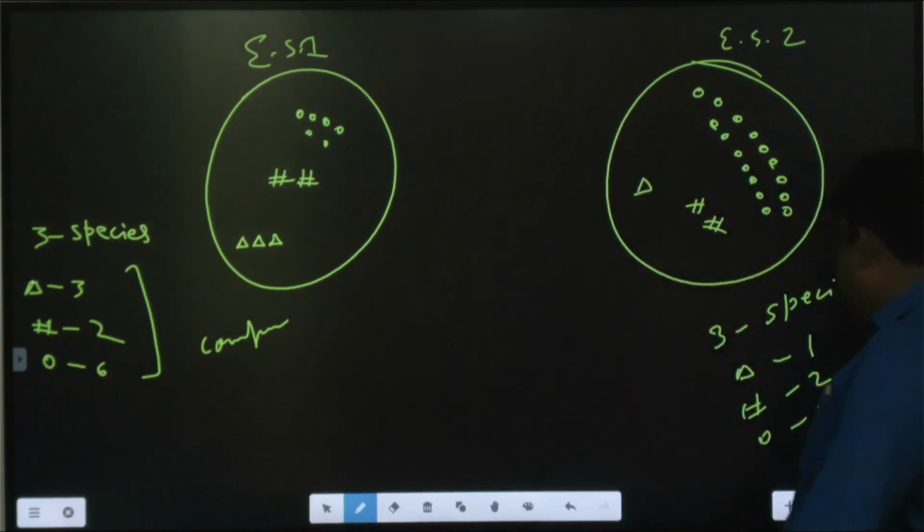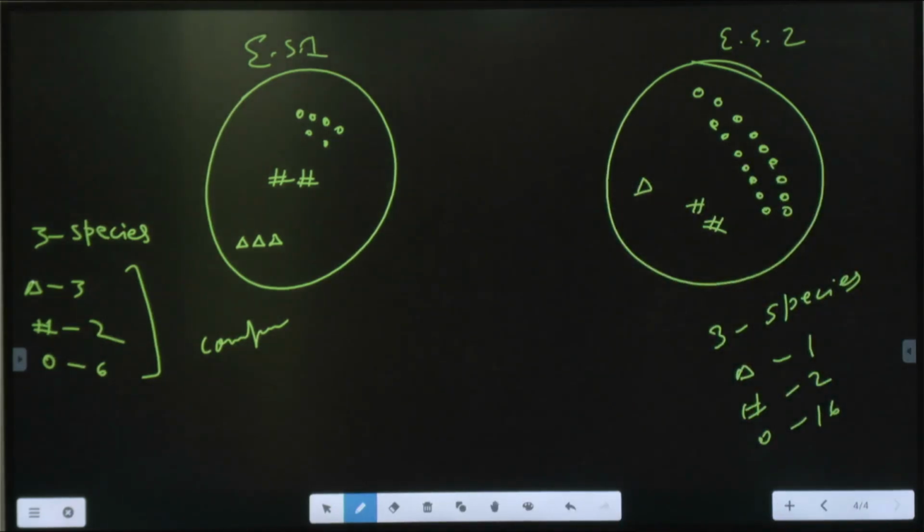But what is the case in second ecosystem? Although this second ecosystem consists 3 different species, but you are noticing कि one particular species is actually dominating over rest other species in terms of its number, population.